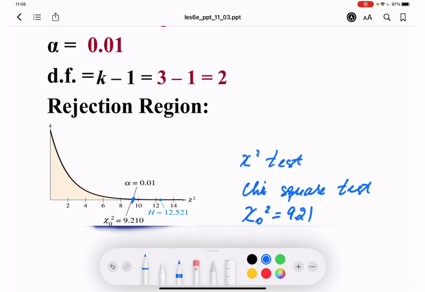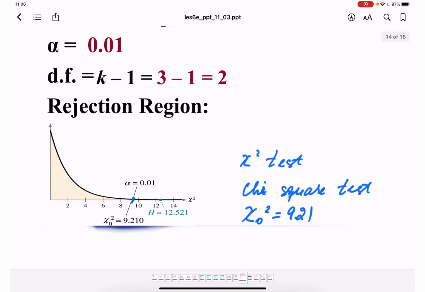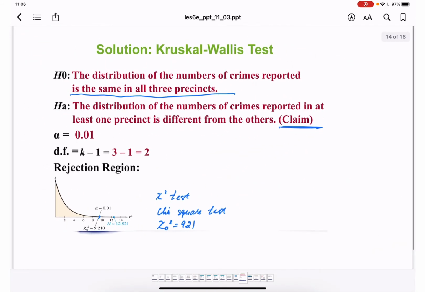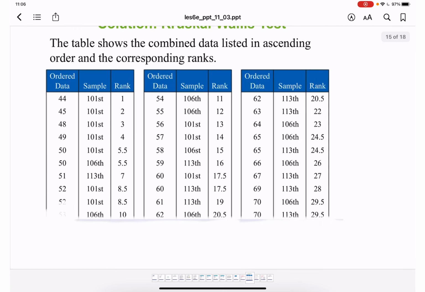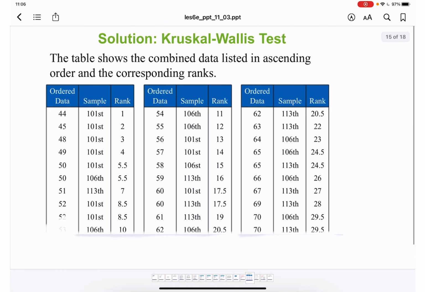All right, so from here, now let's figure out our test statistic. The table shows combined data listed in ascending order and corresponding ranks. So we have 3 samples with their numbers and ranks arranged, all the way till 30.